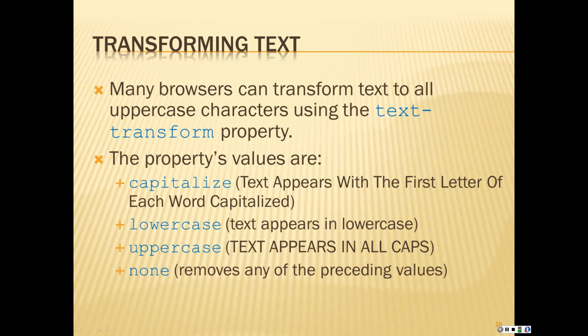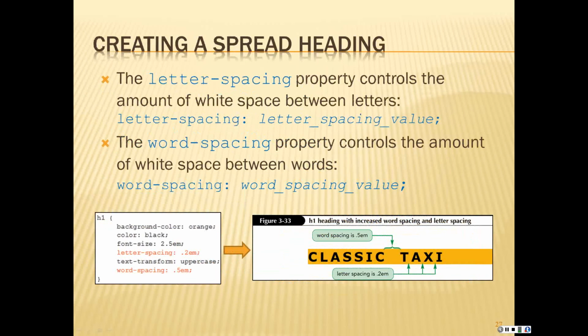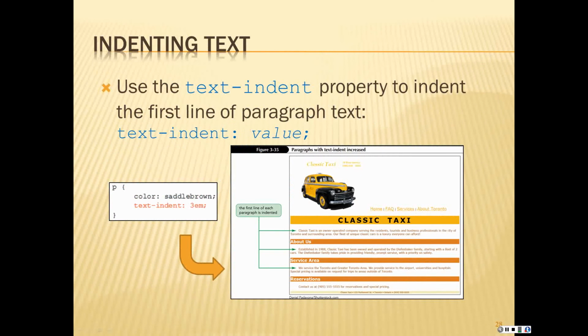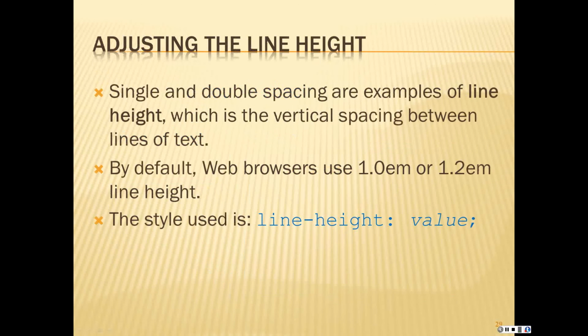You can capitalize like this, lowercase, text appears in all caps with uppercase, or none. You would use none if you had previous values stated. Here is where we did the spread heading, if you need to study that a bit more. Here's where we indented text. Here is where we look at line height, which is our next step.